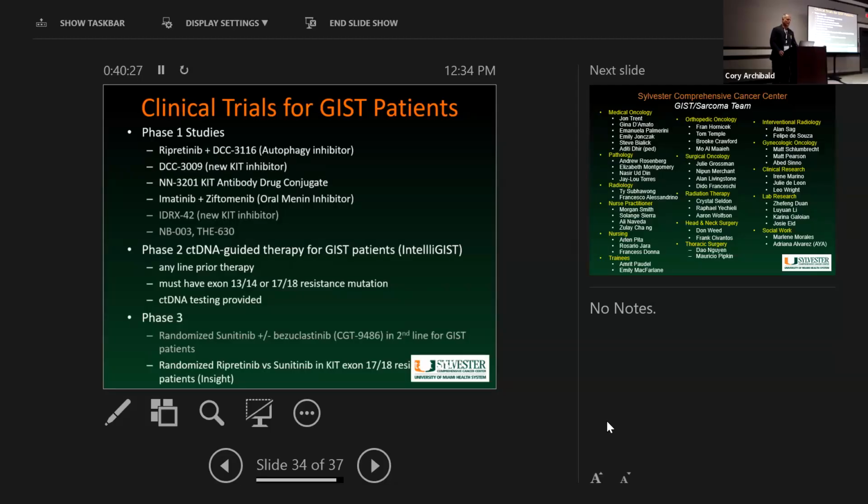This isn't, I'm sure, comprehensive, but there's 4 phase 1 studies that are open right now. Ripretinib plus DCC-3116, that's an ULK inhibitor. And so this is designed to prevent GIST cells from evading the death that's induced by ripretinib. And so it's a way to block the resistance and allow more GIST cell killing.